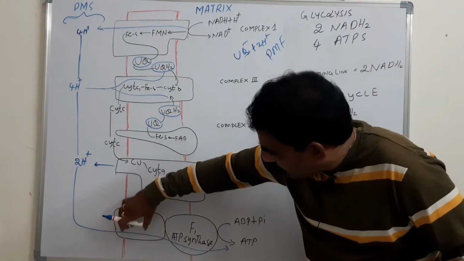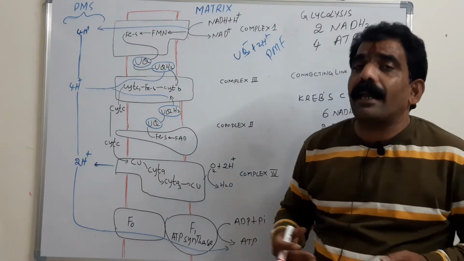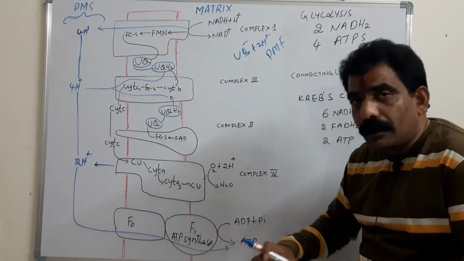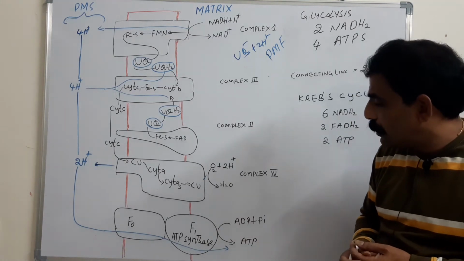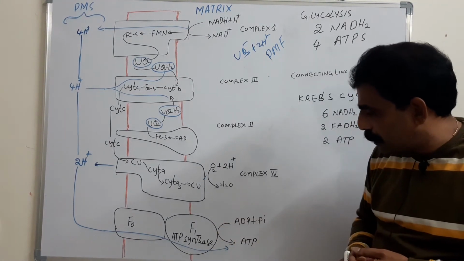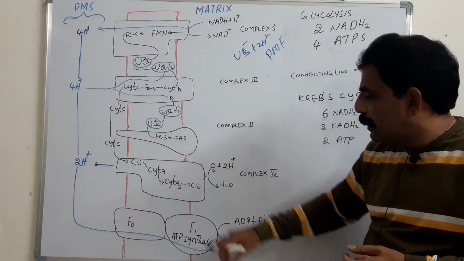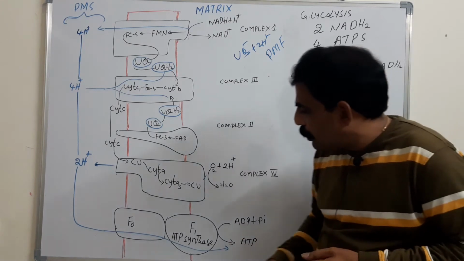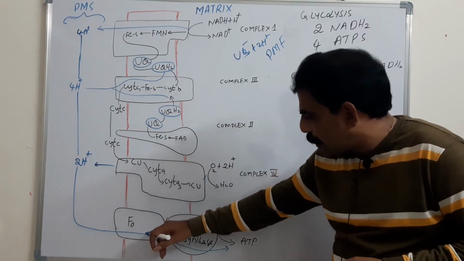When the protons are flowing back through the proton channel, they generate kinetic energy. That energy will rotate this rotatory instrument F1. It is also a protein complex which protrudes outside the inner membrane, into the matrix. Now protons are flowing back through the proton channel.